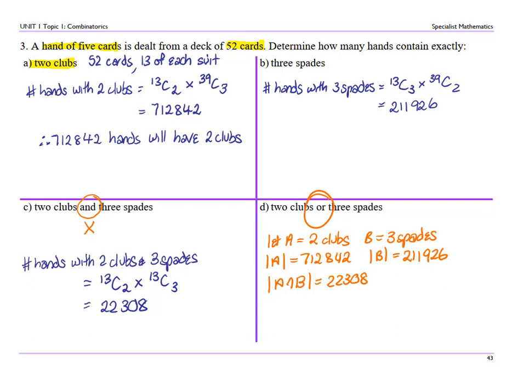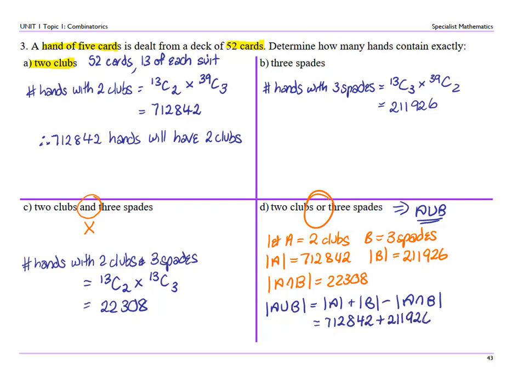So using our inclusion-exclusion principle, we have, because 2 clubs or 3 spades is A union B, so the number in A union B is going to be the number in A plus the number in B minus the number in A intersects B. So we've got 712,842 plus 211,926 minus 22,308.